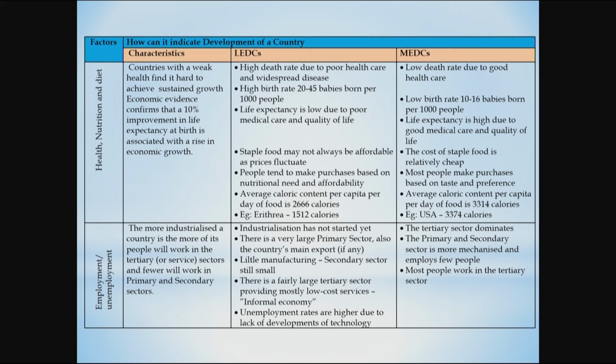And more mechanized, for example in a factory, instead of getting people to do certain processing, they can replace that activity by a machine. The machine can be assembling instead of somebody physically doing the work. So that is the situation in MEDCs.